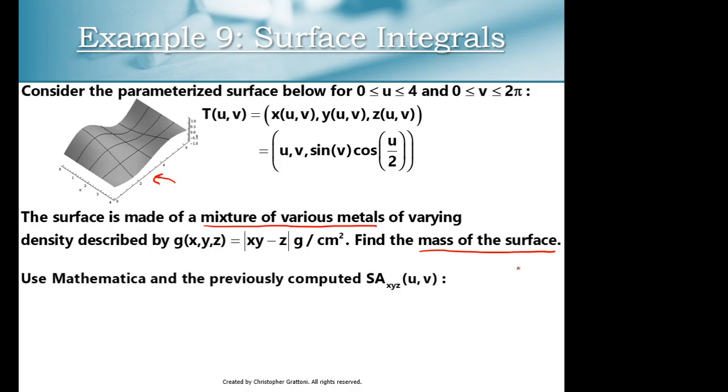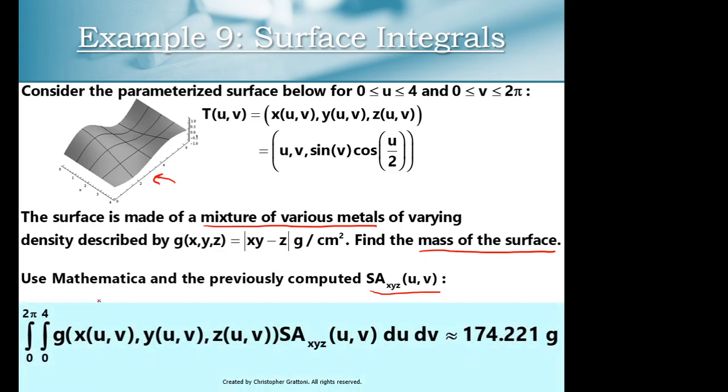So we are still going to use a surface area conversion factor, but we're going to throw in an integrand for density, and you guys know what happens when you accumulate density over a region. You get the mass of that region. So in this case, if we accumulate density over this surface, we get the mass of the surface.